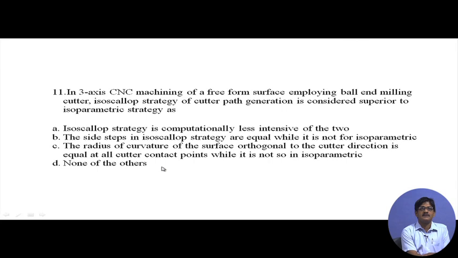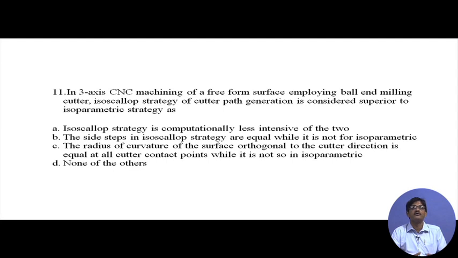In 3-axis CNC machining of a free form surface employing a ball ended milling cutter, the isoscallop strategy is considered to be superior to isoparametric, as the isoscallop strategy is computationally less intensive of the two. This is not correct. The isoscallop strategy is in fact computationally more intensive. Computationally less intensive or more intensive means that you have to put less or more computational effort.